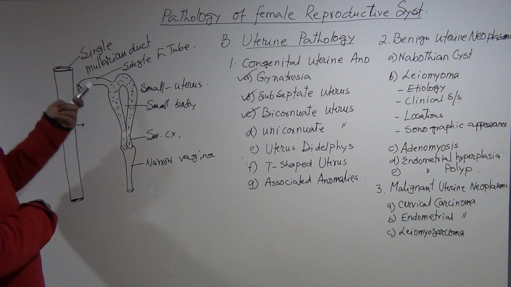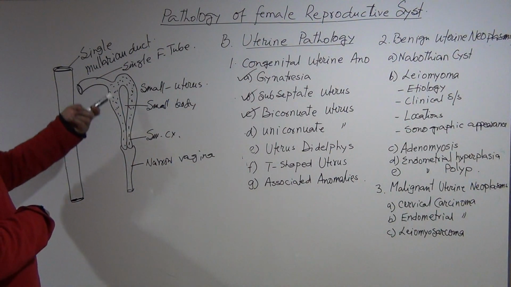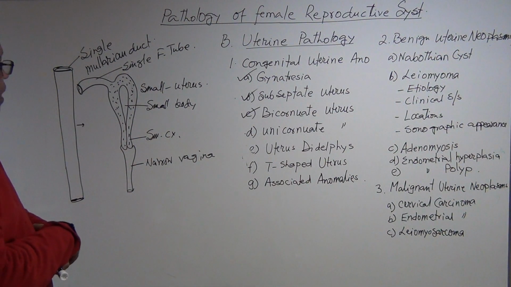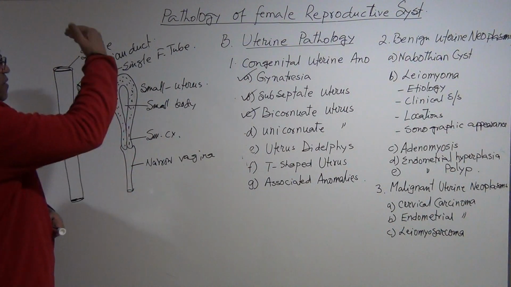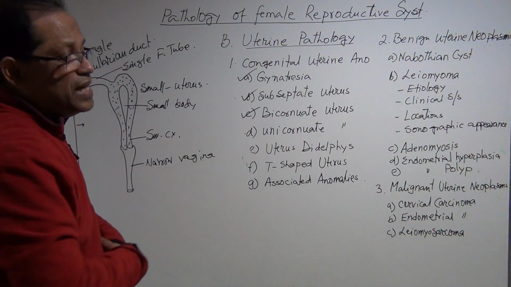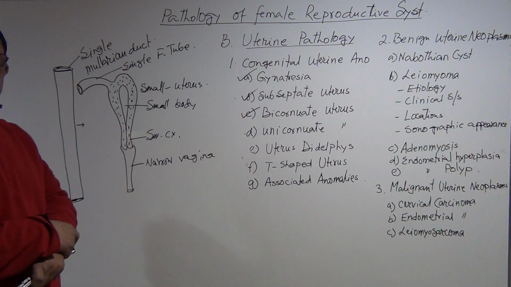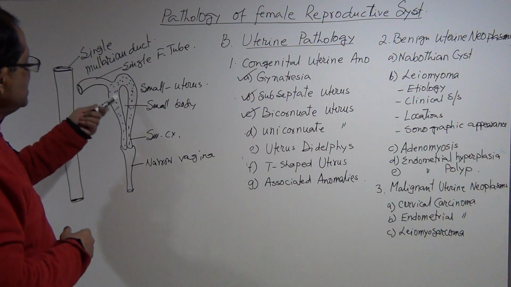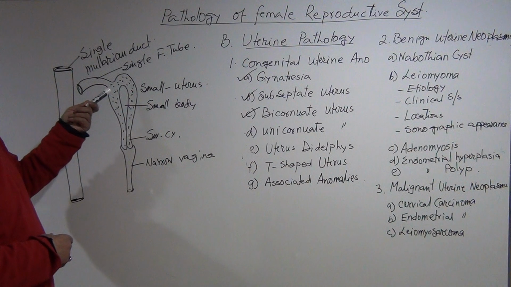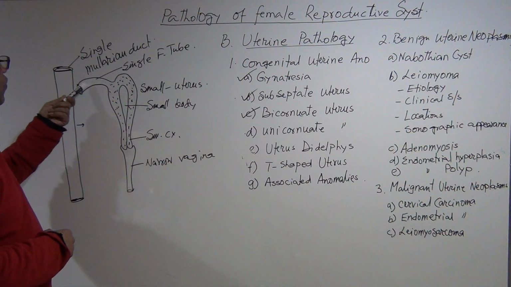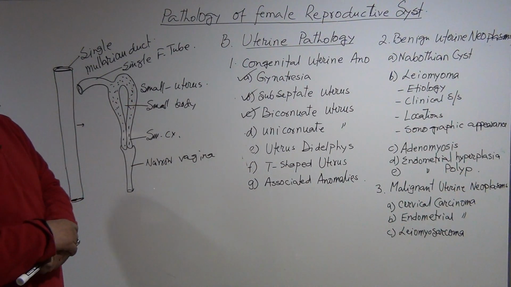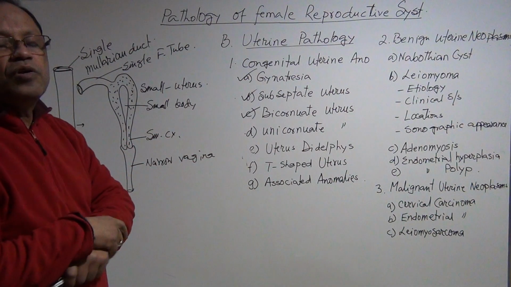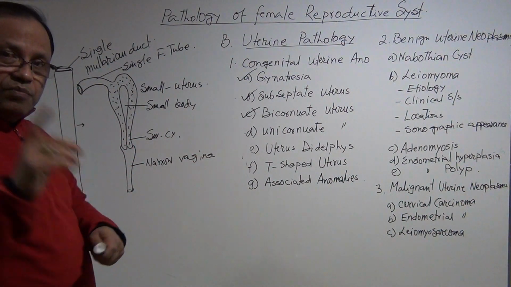It is suspected from a small size of everything and having more miscarriages, then they will do the hysterosalpingogram. When they do the hysterosalpingogram, they will say, okay, there is only one tube. What happened to the other tube? It did not develop. What does it mean? It means unicornuate uterus.